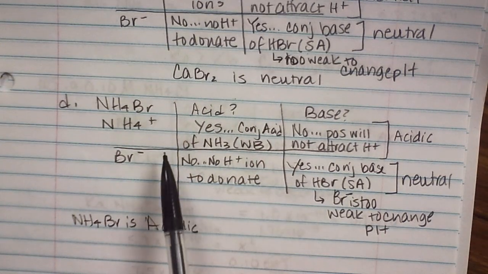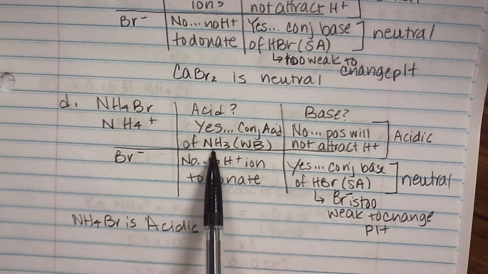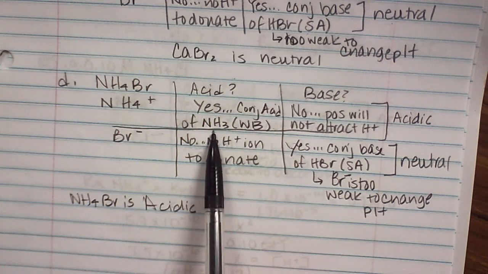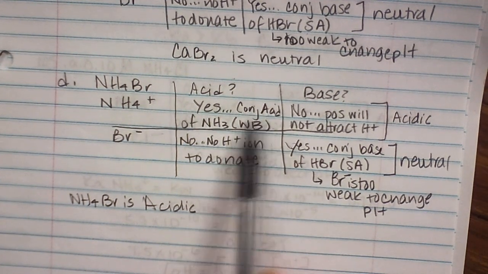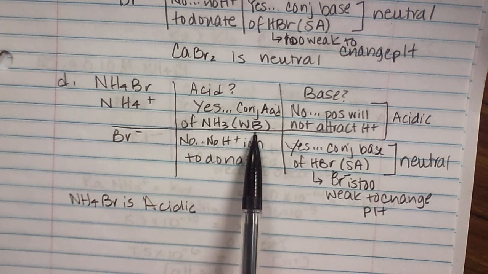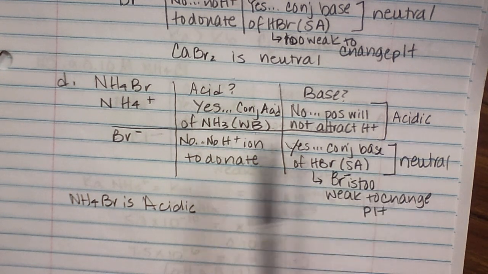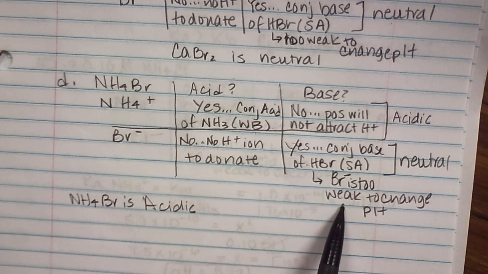Next, ammonium bromide. Yes, conjugate acid of ammonia, which is a weak base. And no, because hydrogen is positive. So that makes it acidic. Bromide is a no, and then yes, but it's a conjugate base of a strong acid.